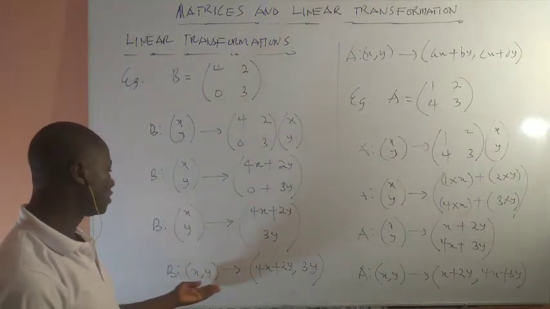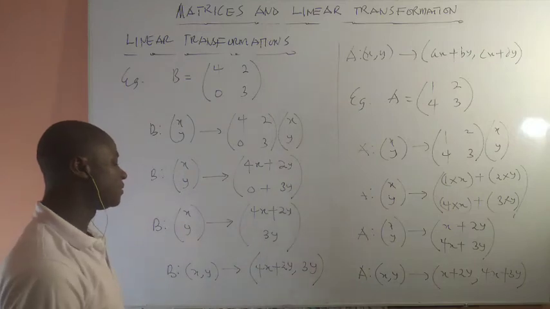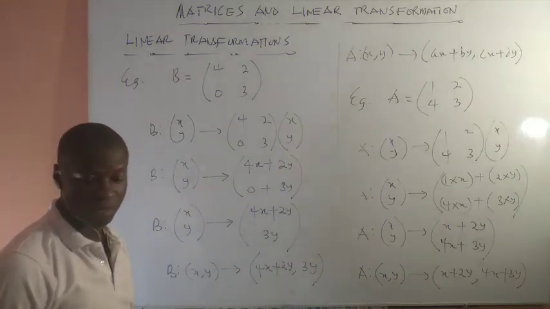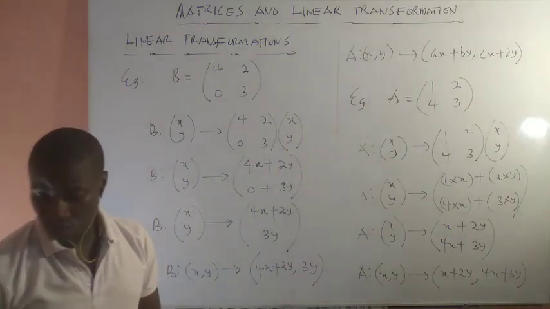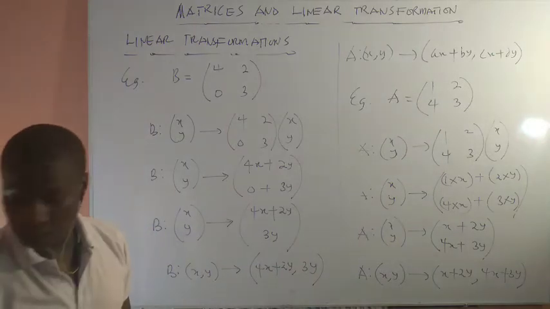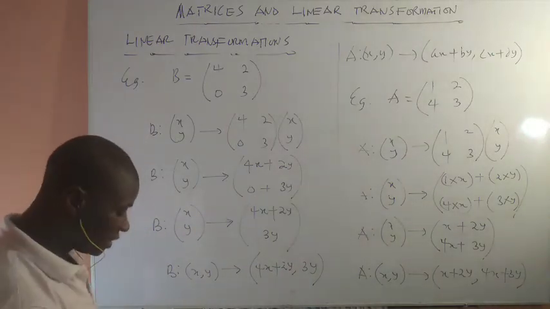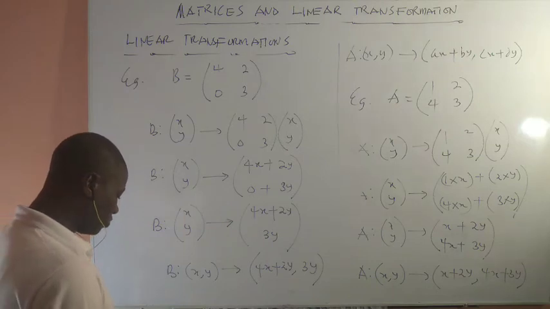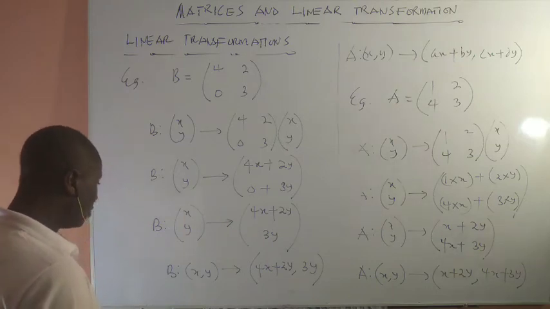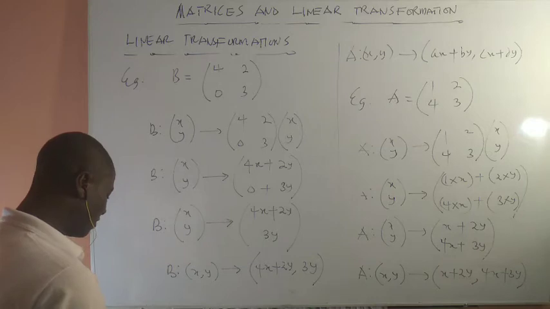And so B of x, y maps to 4x plus 2y, then 3y. And so in general, that is how we find the linear transformation when you are given a particular matrix.